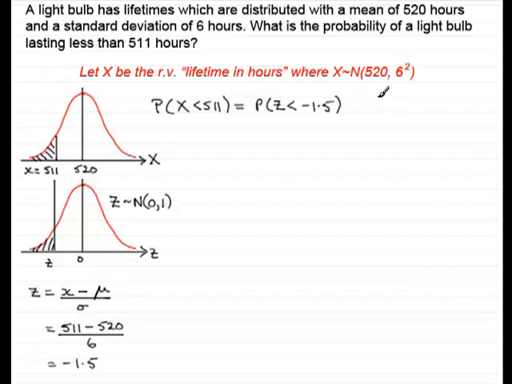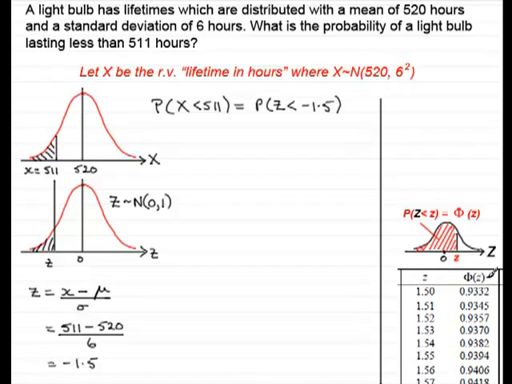Now in order to do this, what we need to do is to always use the probability tables for the normal distribution, the cumulative probability tables. Now if I bring those up, here's just an extract from a set of tables. And those tables give you the z value and they give you what is called phi of z.